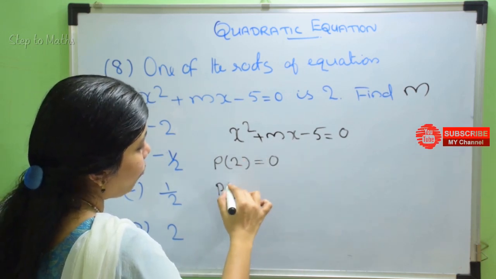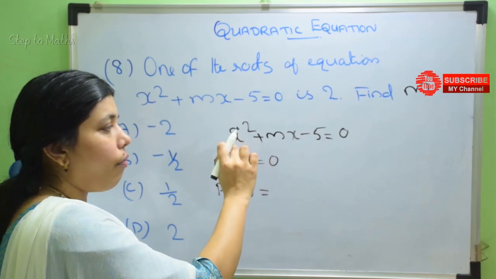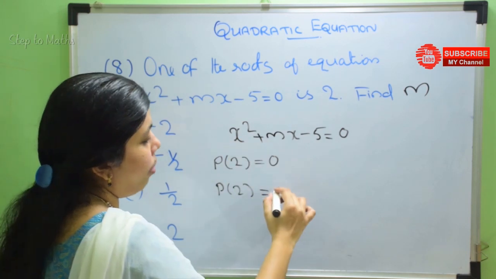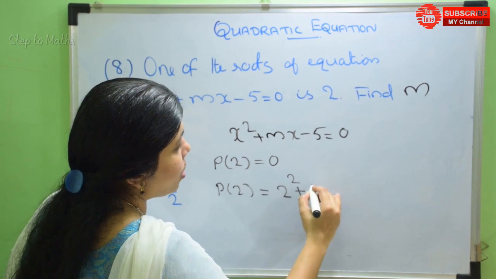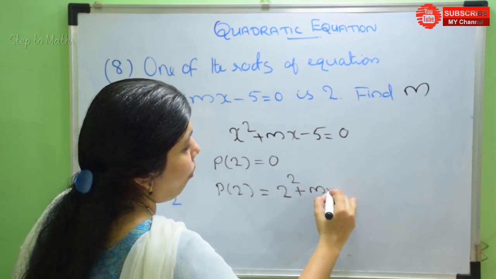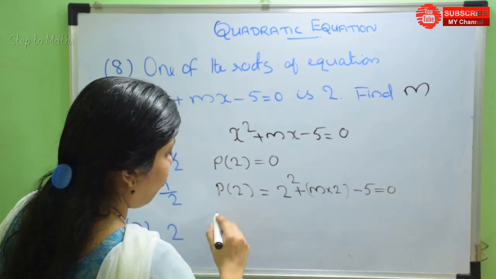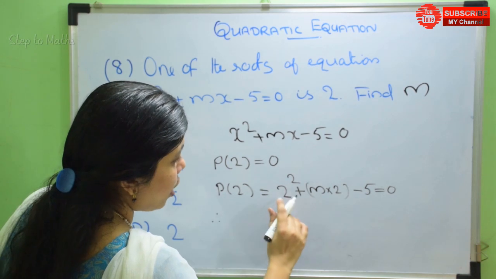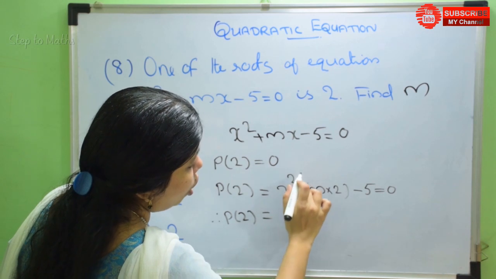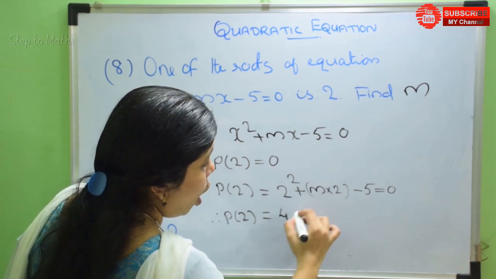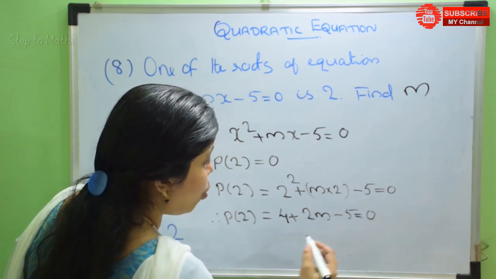P of 2 is, in the place of x, substitute 2. That means this quadratic equation becomes 2 square plus m into 2 minus 5 equal to 0. Therefore, P of 2 is equal to 2 square, which is 4, plus 2m minus 5 is equal to 0.